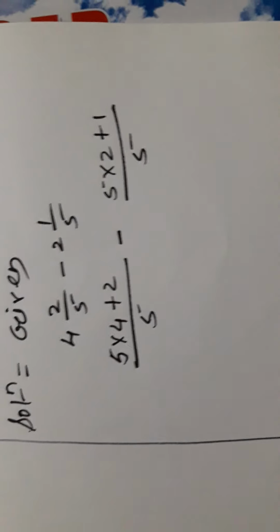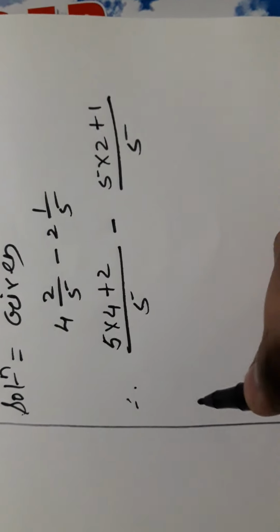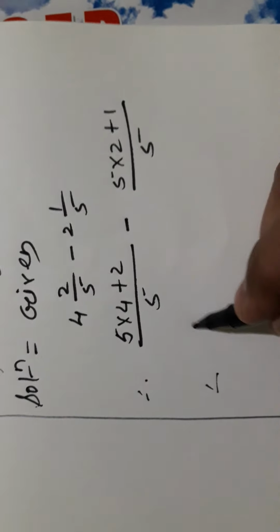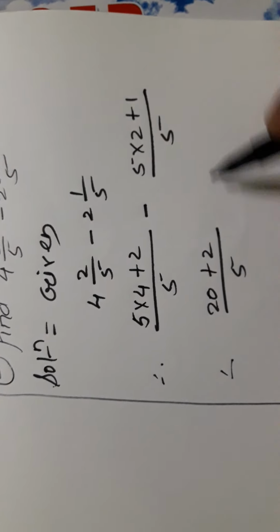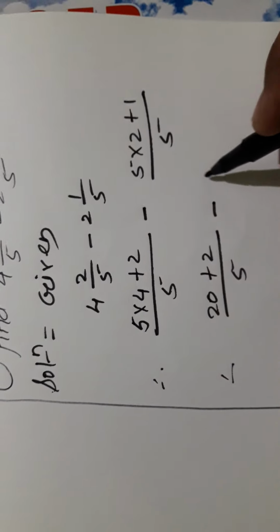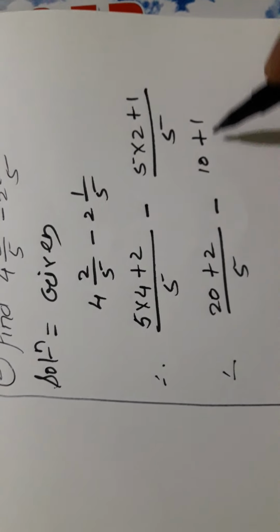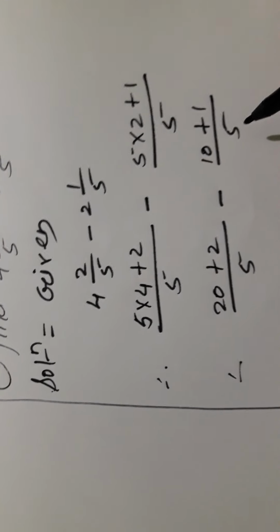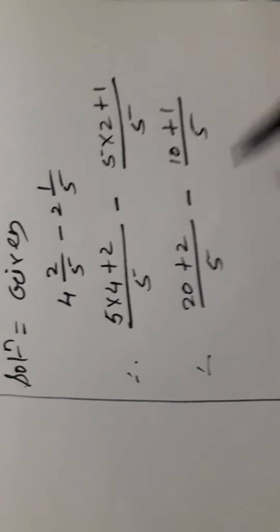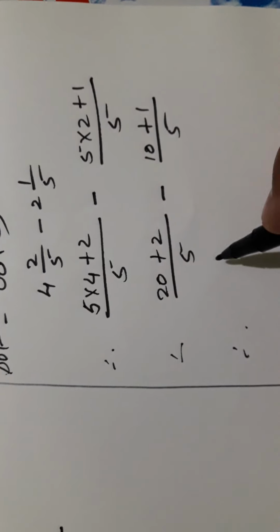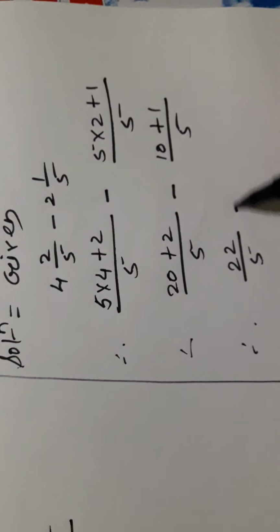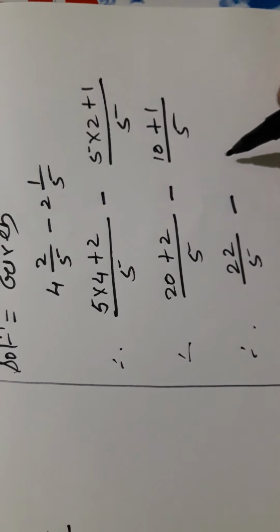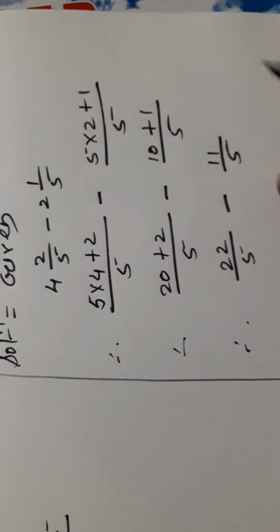Therefore, 5 4s are 20 plus 2 divided by 5 minus 5 2s are 10 plus 1 divided by 5. Is it clear? Therefore 20 plus 2 means 22 divided by 5 minus 10 plus 1, 11 upon 5.